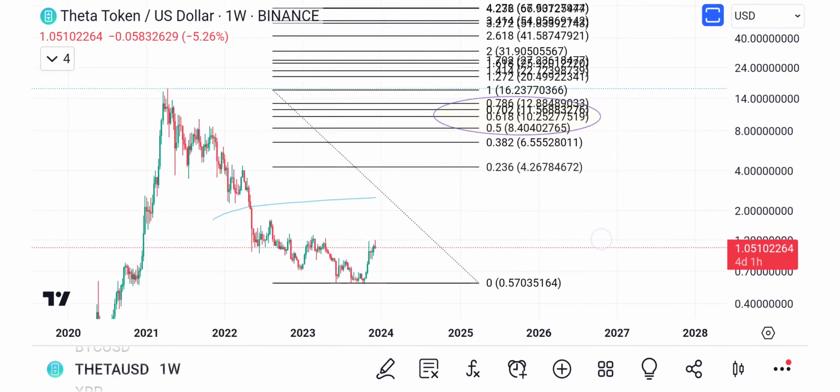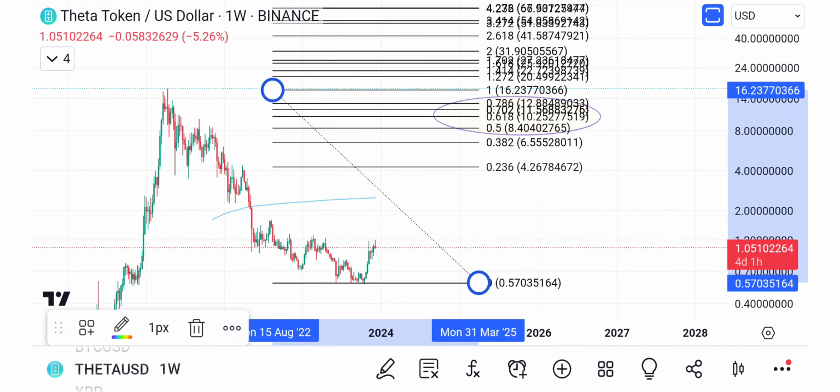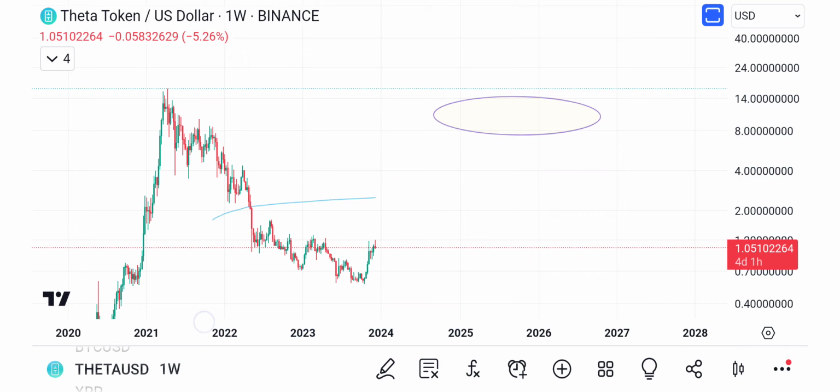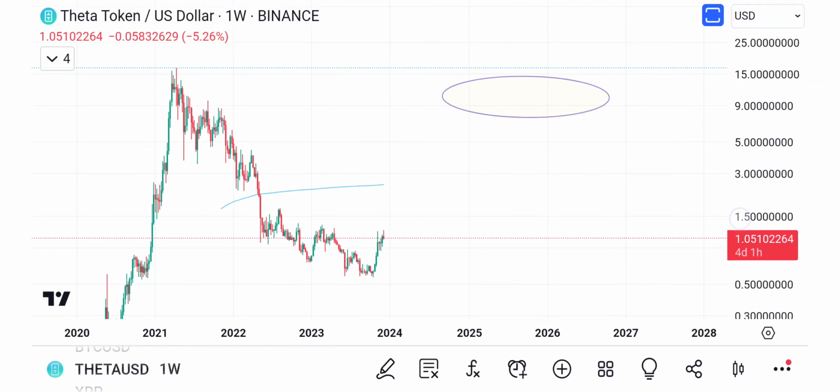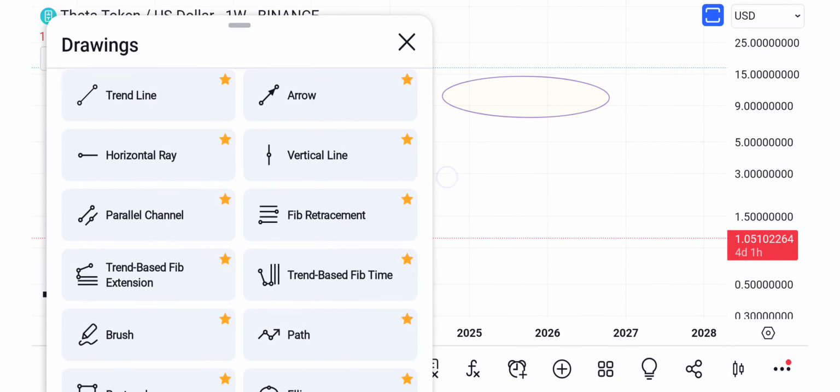How we get there is anybody's guess. How we get there is the hard part, and when we get there is even harder. But one thing is for sure, I think at some point we will get there.